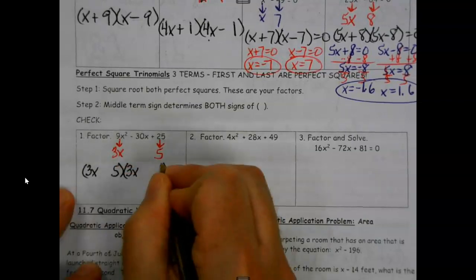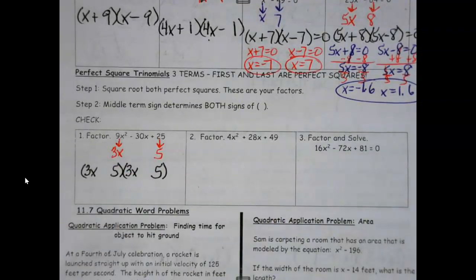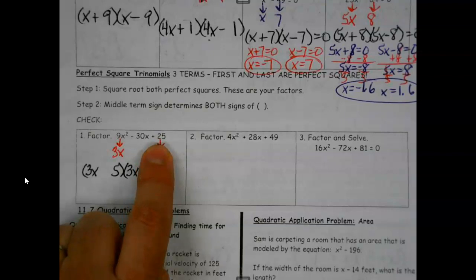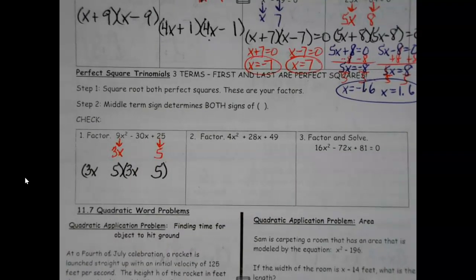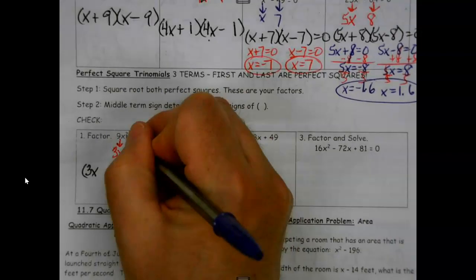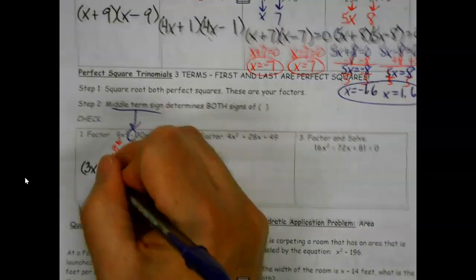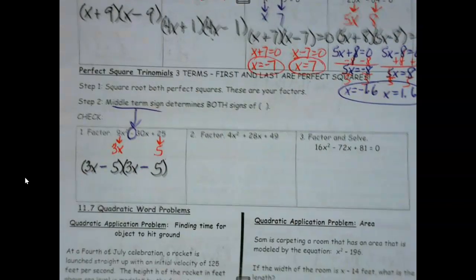Still 5 to finish. What signs am I going to use? Now here's the thing. We're not doing plus minus this time, because that sign at the end is positive. Now we remember back. Because our C value is positive, you just look at the sign in the middle term. That's the one we use for both.